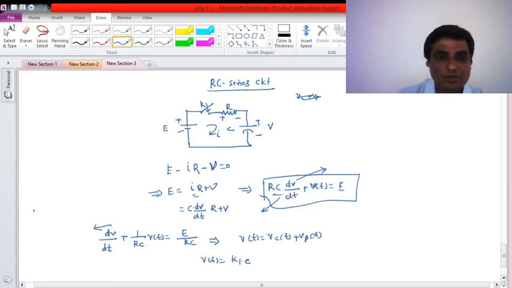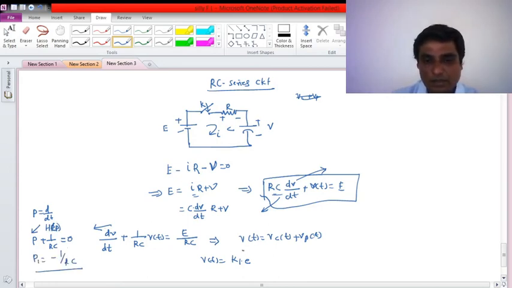P is my d/dt operator, so I can write P plus 1 by RC equal to 0. This is my characteristic equation, which is H of P. And what is the root from it? It will be minus 1 by RC. So K1 e raised to minus 1 by RC into t, plus particular solution.